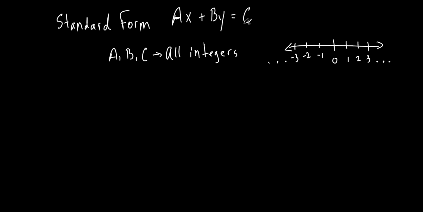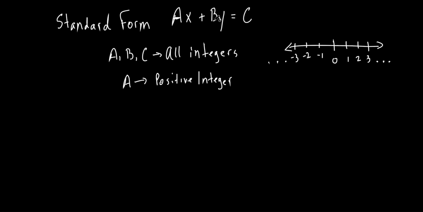So A, B, and C have to be all integers. A can't be a fraction, B can't be a fraction, C can't be a fraction. Everybody good? Okay, now there's one other thing. A has to be positive. It's got to be a positive integer. All right?